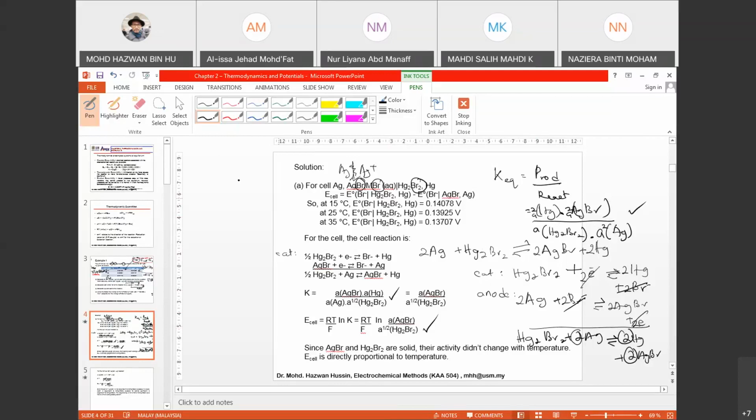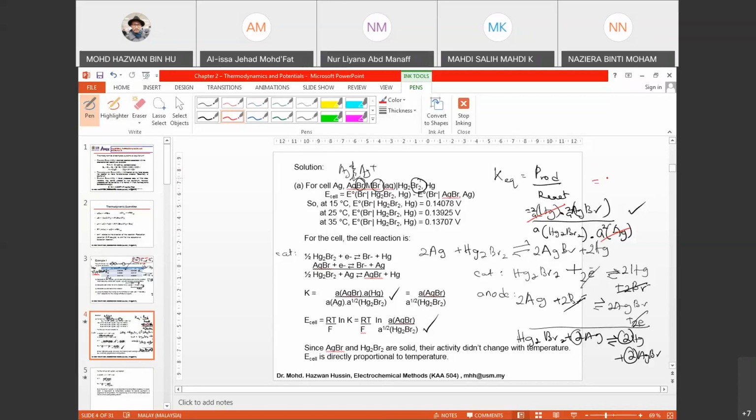It's just that over here, later on, you know that for solids, we will not consider the value because a solid doesn't have any concentration or any activity value. So we just remove this, and we also remove this because Hg and Ag don't have any concentration value.